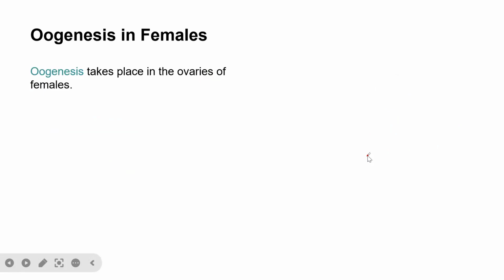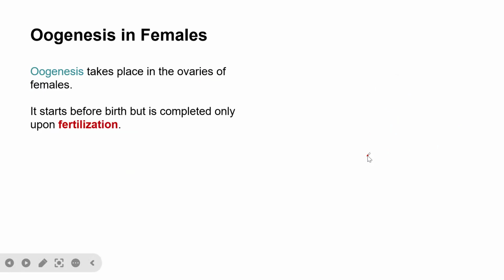Oogenesis takes place in the ovaries of females, and it starts before birth. At this point, the formation of the oocytes, or eggs, starts before birth, but is completed only upon fertilization. So that is the difference between spermatogenesis and oogenesis. Spermatogenesis starts at puberty and continues throughout life.